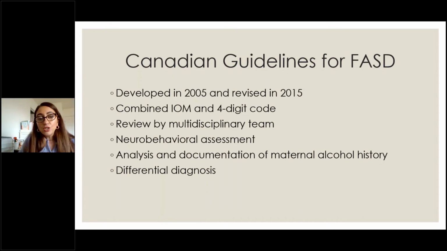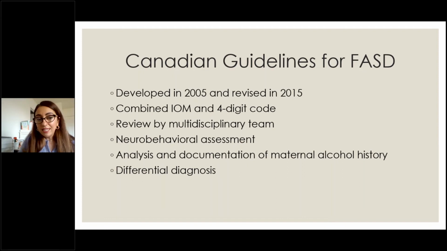Why I like this one over the other ones is because of the way that they combined. It mentions that the comprehensive evaluation for FASD, for a diagnosis, has to be done by a multidisciplinary team. It spells it out like that, which is really nice for a more evidence-based diagnosis.